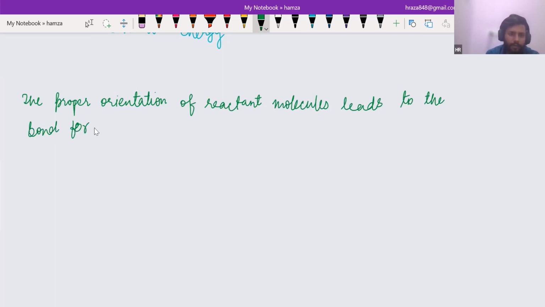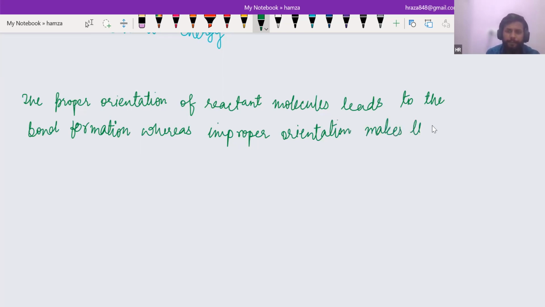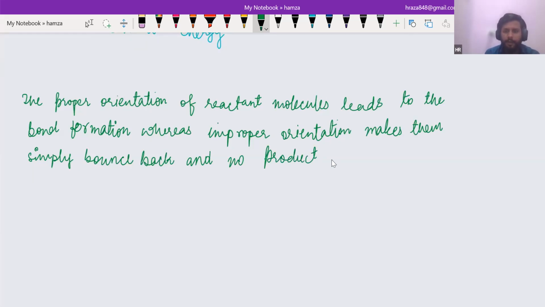Whereas improper orientation makes them simply bounce back and no product is formed.